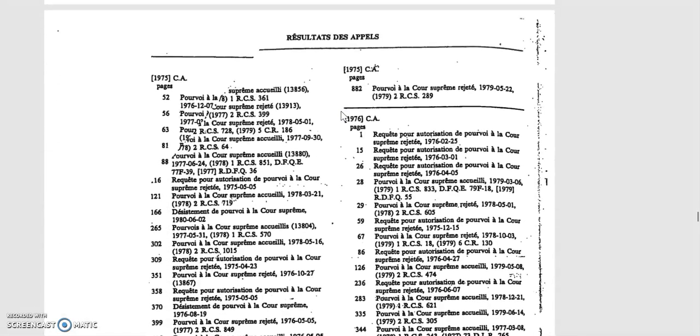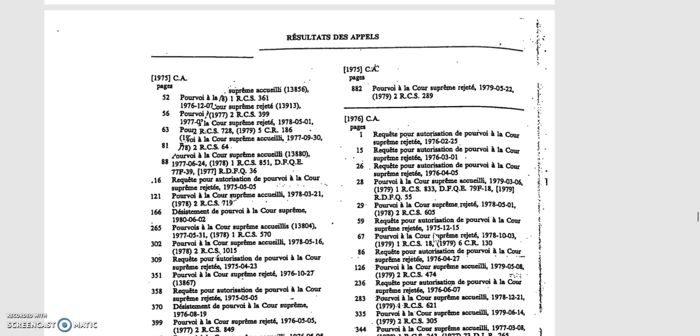So that's what you're going to need. And so you find the proper year, the reporter, and then the page, and then you'll see pourvoi à la Cour suprême rejeté. That means that there was a leave to appeal to the Supreme Court, but the permission was refused. Okay? So that's the result in appeal.